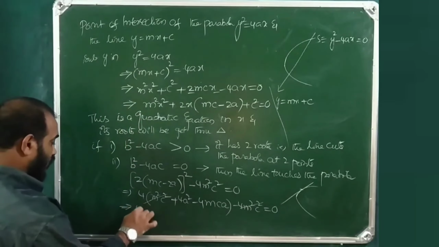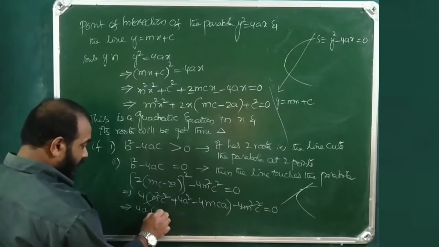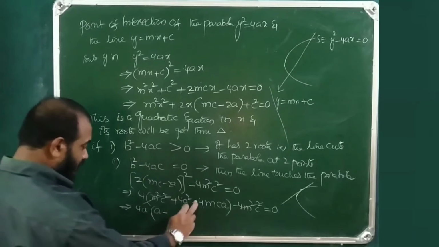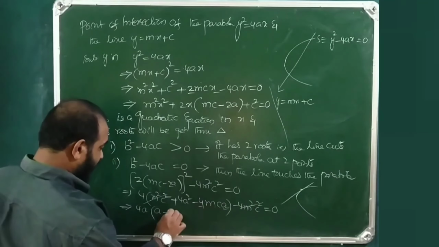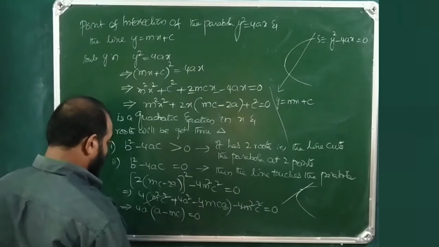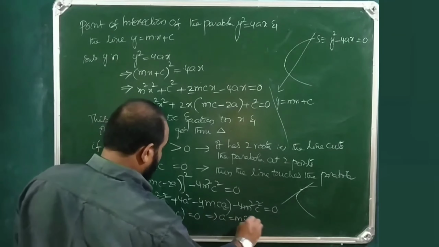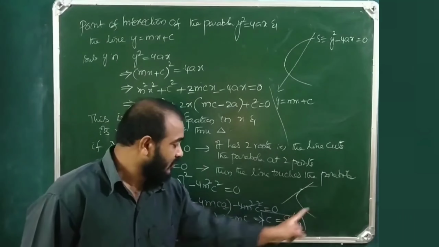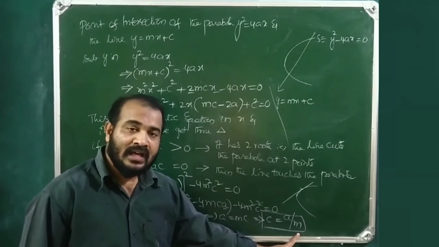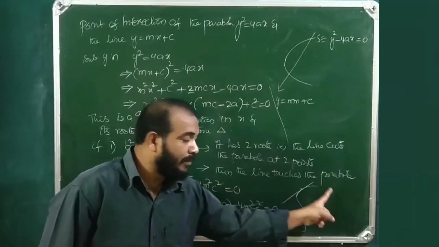Taking 4a common, we get a minus mc equals 0. So a equals mc, and c equals a by m is the condition that the line y equals mx plus c is a tangent to the parabola.